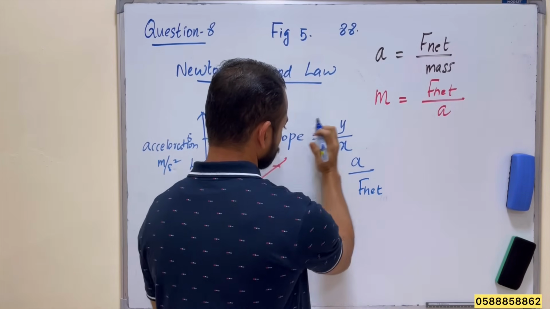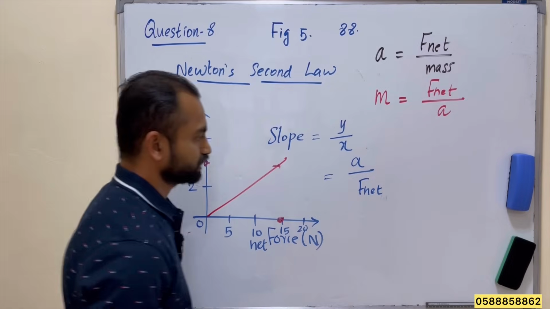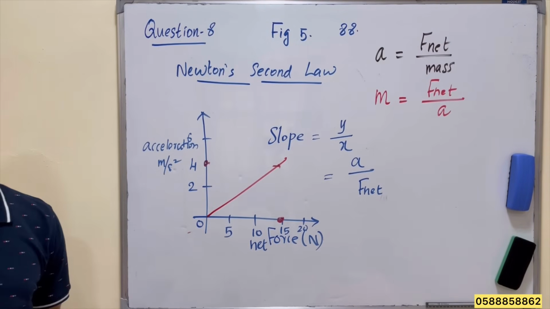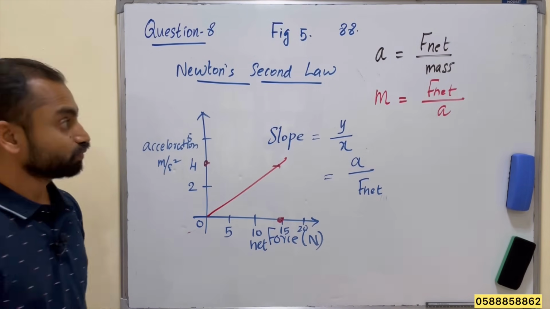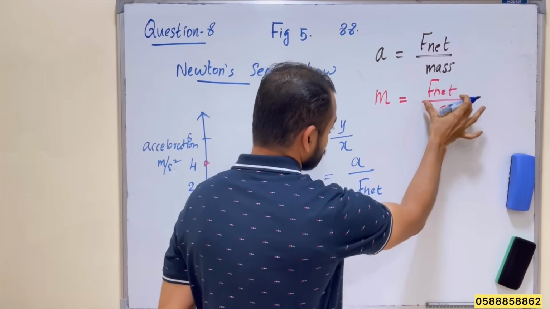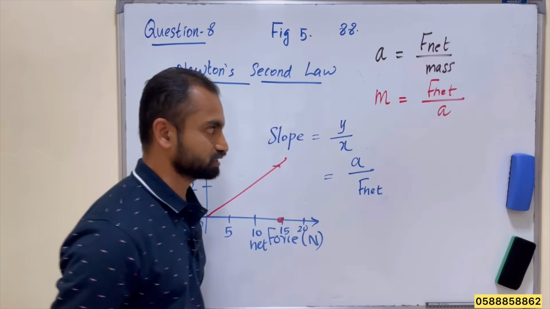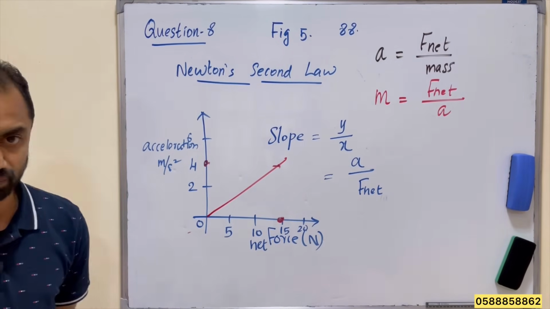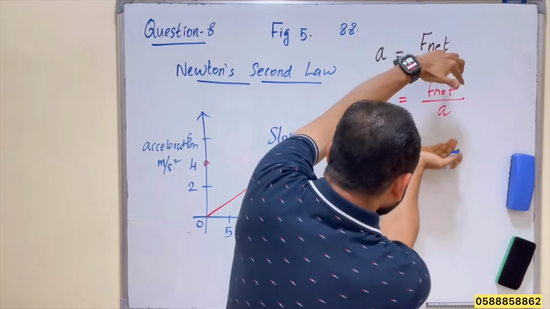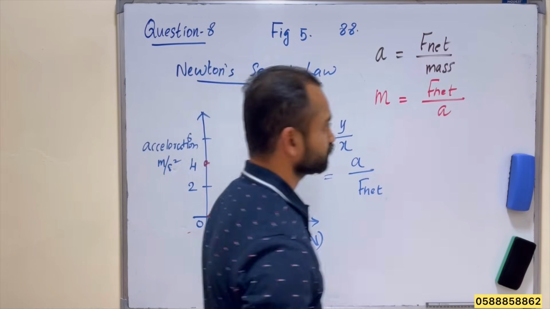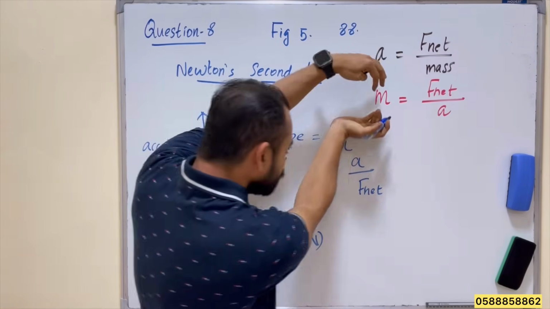Slope is equal to acceleration divided by F net. What is acceleration divided by F net? We know that F net divided by acceleration is mass, right? So just invert this.